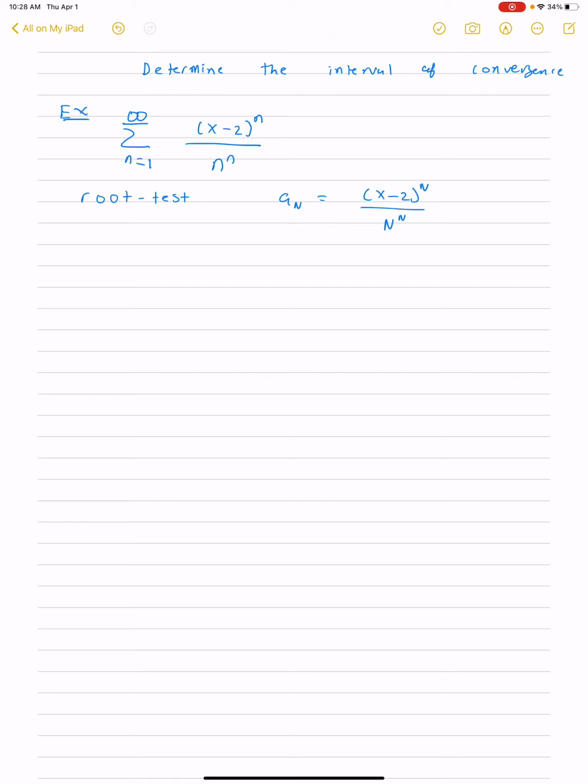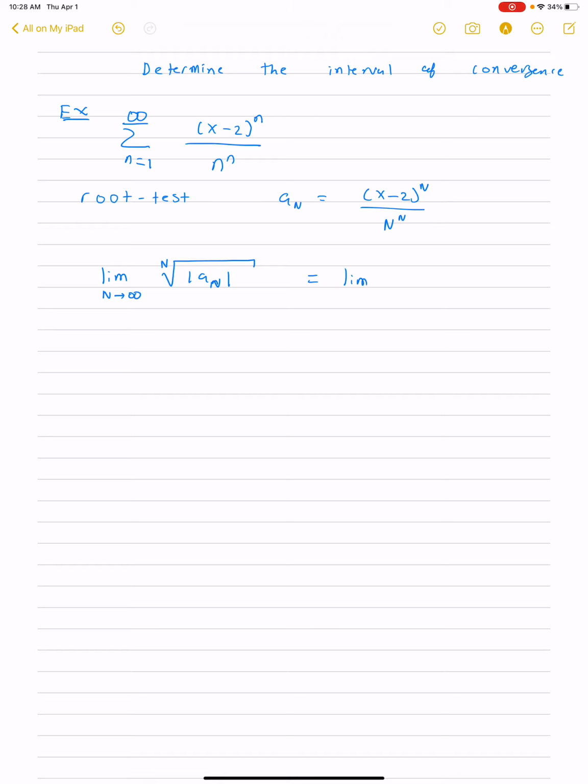So the root test says, let's compute this limit as n goes to infinity of the nth root of the absolute value of a sub n.